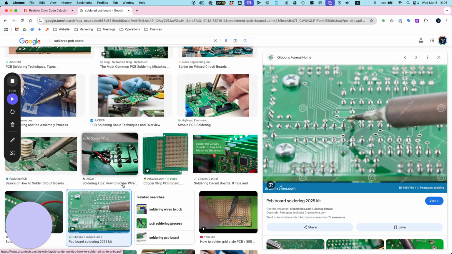And touch this solder. 1, 2, 3. Okay, done. You see? I'm missing a little bit back there, so I could put a little more solder in. Let me just do that, just for sake of completion.